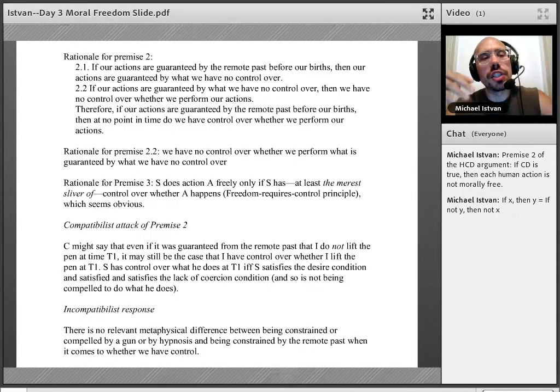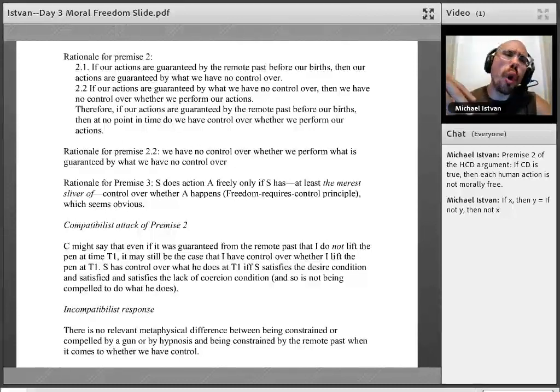2.2. If our actions are guaranteed by what we have no control over, then that means we have no control over whether we perform our actions. Well, why is that true? Well, the lack of control we have over the past would transfer, so to say, to what the past guarantees. I'll say it again.